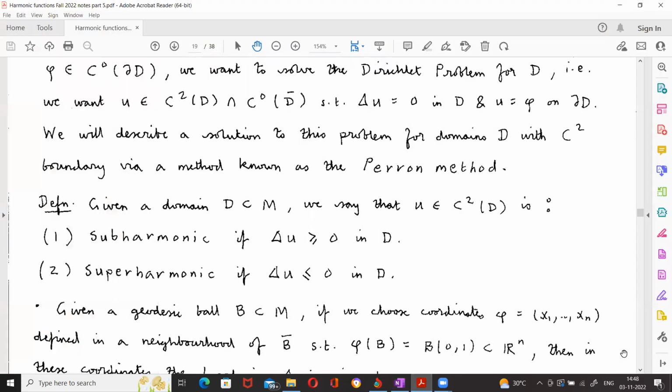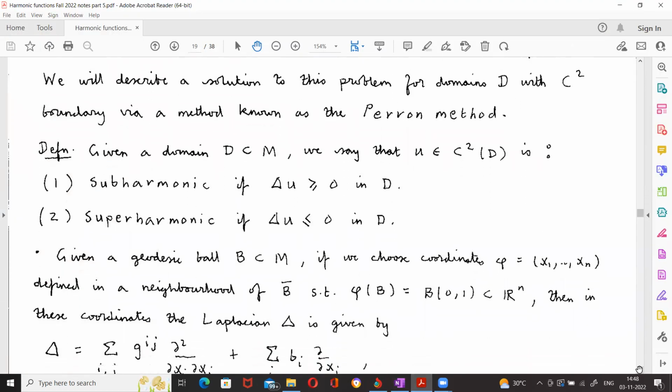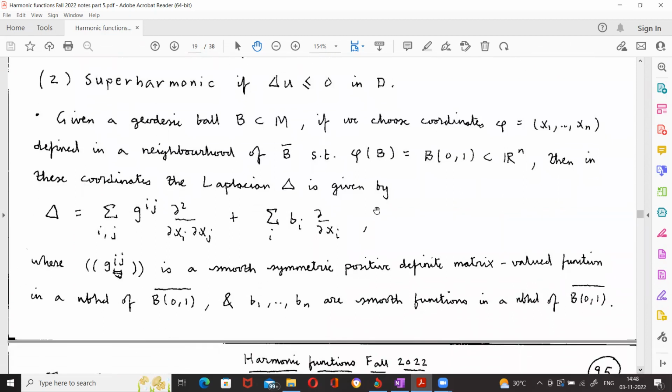Yes? Can you please repeat what you just said last? Yeah, so I'm just doing it now. Suppose we take a geodesic ball B. If we take coordinates, say x1 to xn, on a neighborhood of this closed ball, which map this ball to the unit ball in Rn, then in these coordinates, we saw that the Laplacian is given by the sum over i,j of g upper ij times del squared over del xi del xj, plus the sum over i of bi del xi.